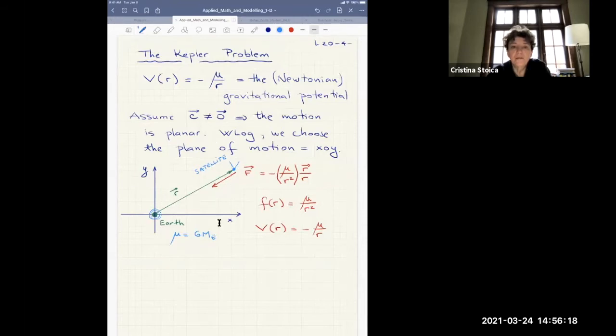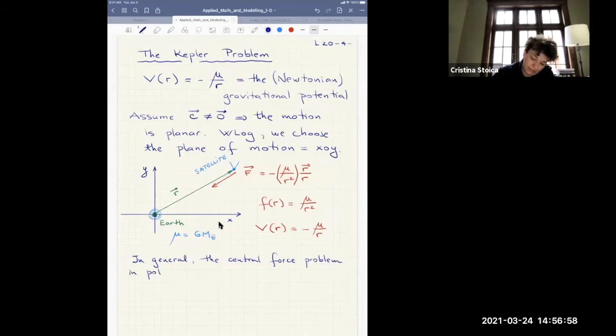Okay, so we have the energy relation, and we have to study this. So in general, let's start now: the central force motion problem in polar coordinates.